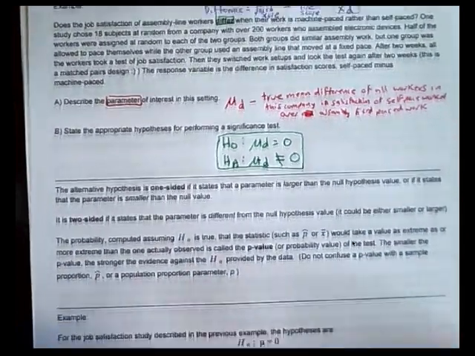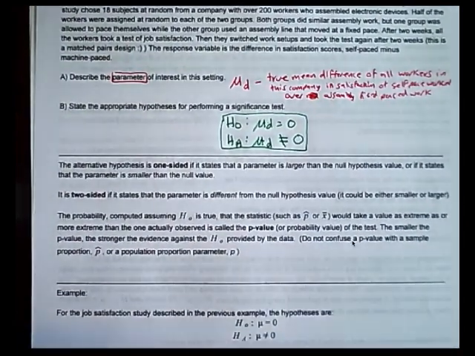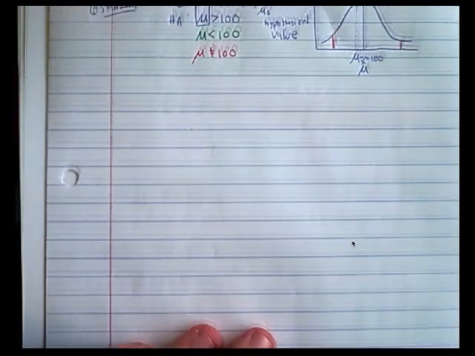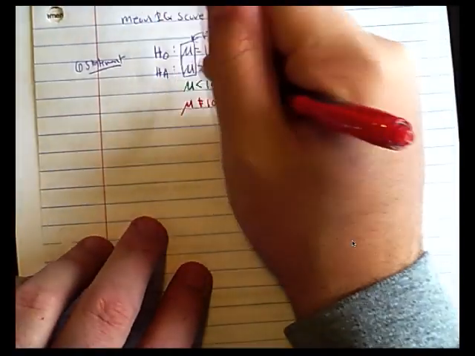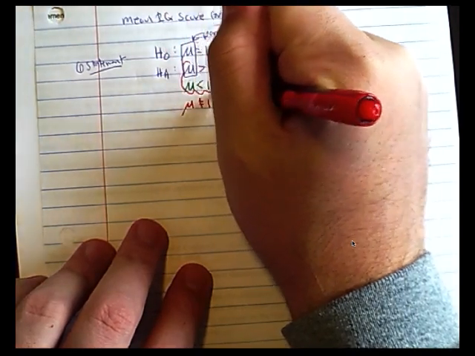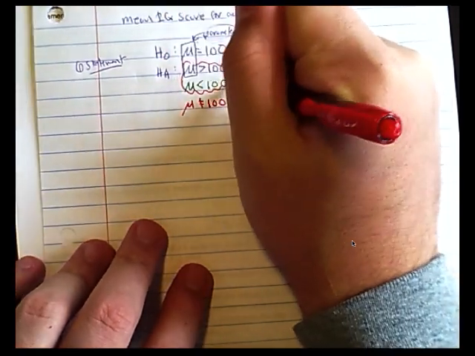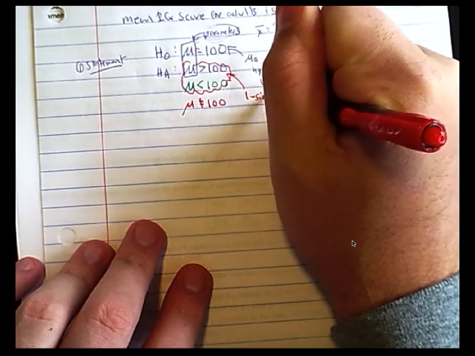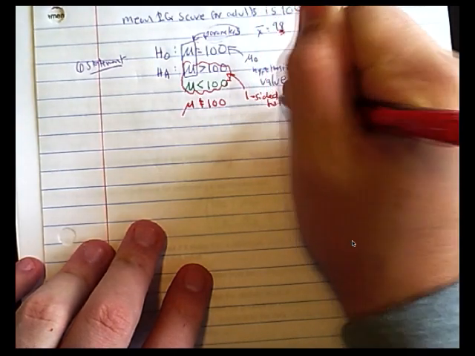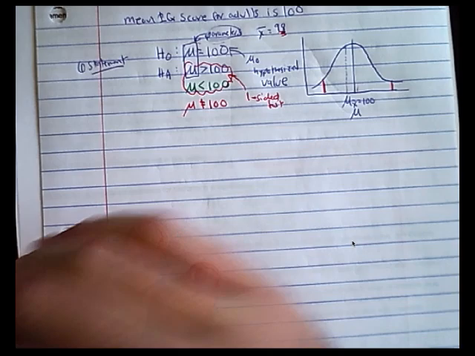Now we already talked about this next section a little bit. It says the alternative hypothesis is one-sided if it states that a parameter is larger than the null hypothesis value, or if it states that the parameter is smaller than the null value. So these two things right here would be considered a one-sided test, either larger or smaller.